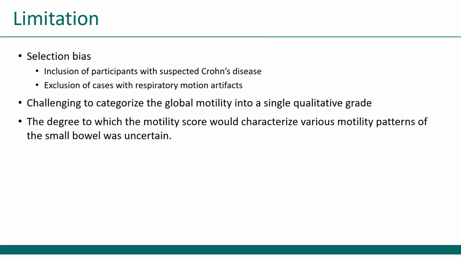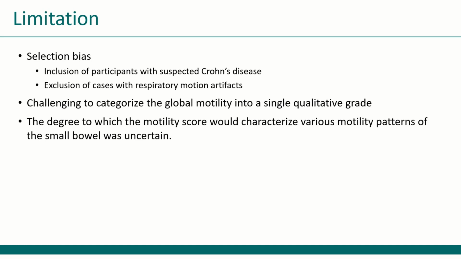Our study has some limitations. First, we included only participants suspected of Crohn's disease, potentially introducing selection bias. However, it's important to emphasize that our study's focus was not to represent a specific clinical cohort, which mitigates the relevance of this selection bias concern. Additionally, we excluded cases with a respiratory motion artifact, which might introduce an additional selection bias.